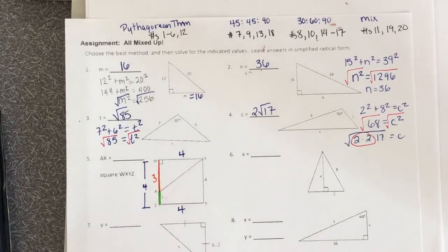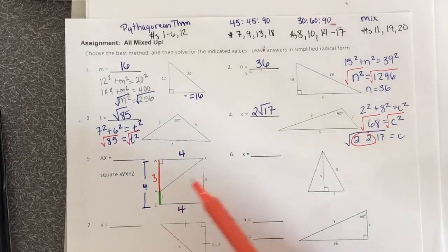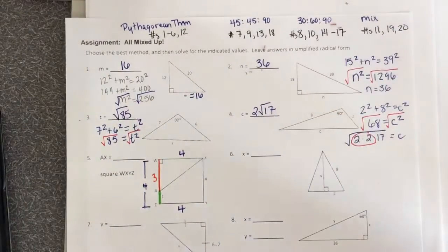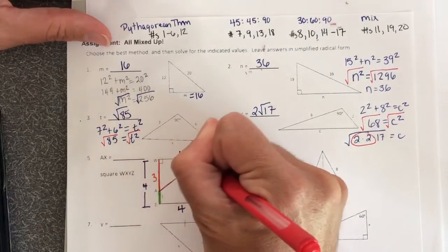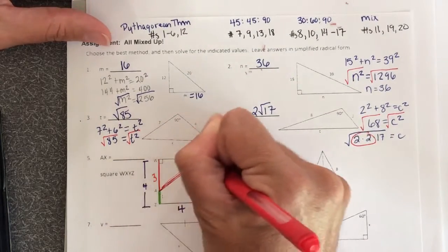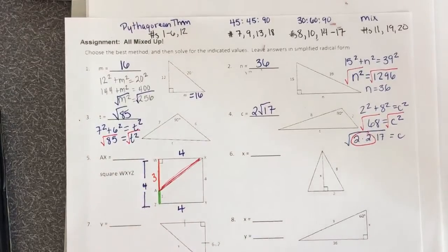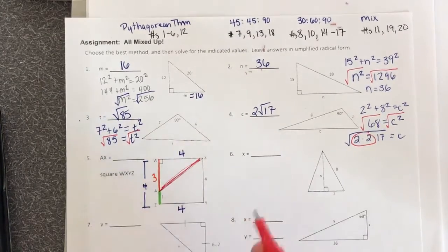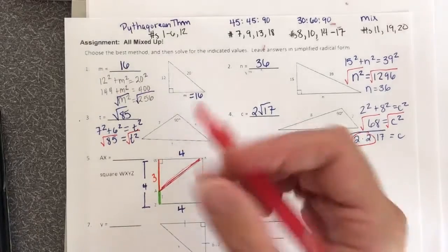And so now, if I'm trying to find how long AX is, this segment here, well, it is the Pythagorean theorem. And I can already tell you without doing any work behind it, it's one of those special Pythagorean theorems, and it's a 3, 4, 5 triangle.